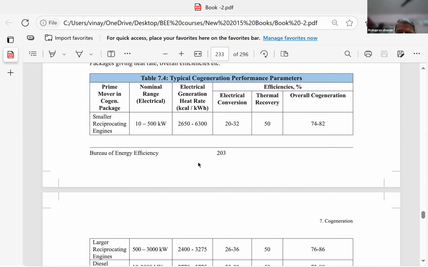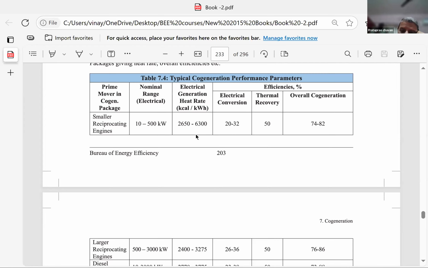But here the heat rate, that means per kWh you need to use heat units, kilocalories, 2650 to as large as 6000. Whereas the equivalent of an electrical unit is only 860. So ideally, if the transformation efficiency is 100%, you should have 1 electrical unit per 860 kilocalories of heat.